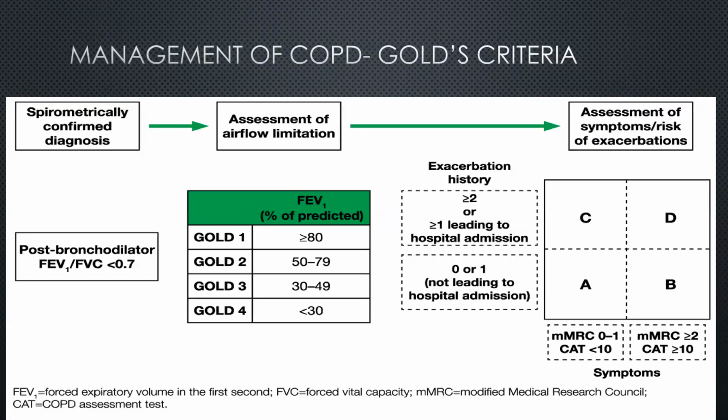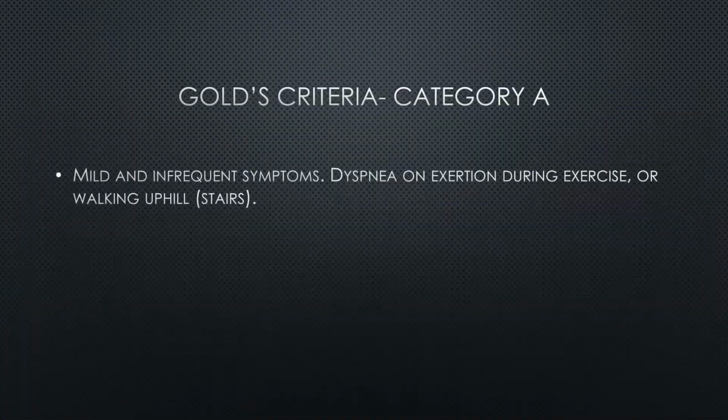So this is just an overview, and I'm going to talk about the different criteria, and once we get to the criteria that he was at, I'll go through it. But this is just a broad overview, kind of like a flow chart. For category A, GOLD's criteria, patients are considered if they have mild and infrequent symptoms, if they have dyspnea on exertion when doing exercise or walking uphill or stairs.